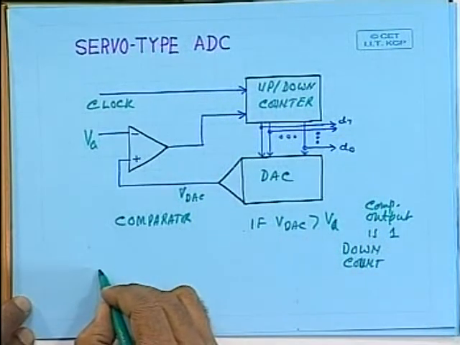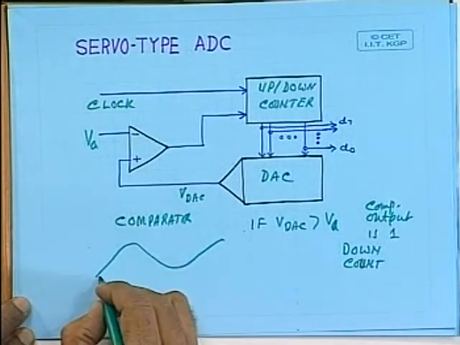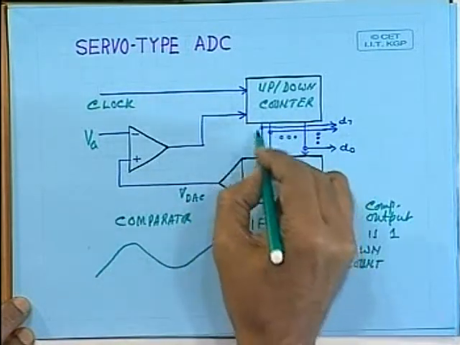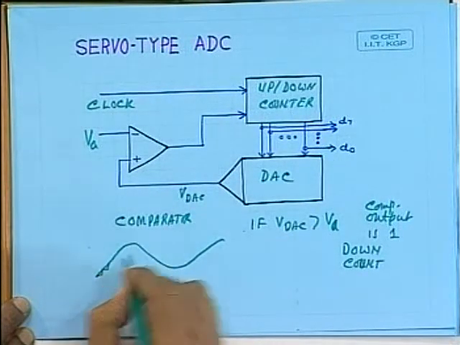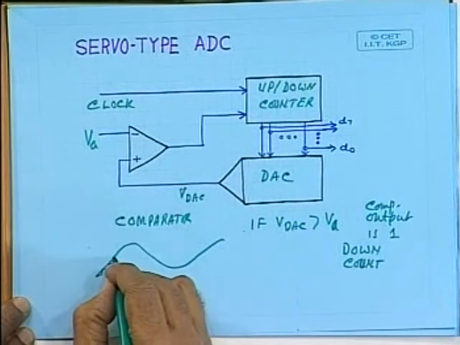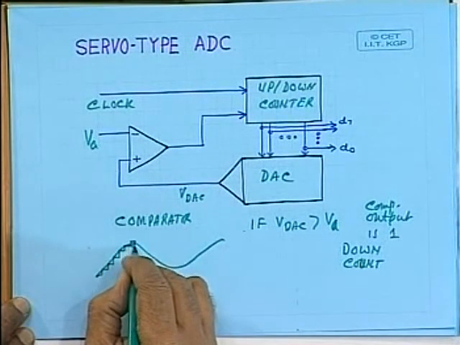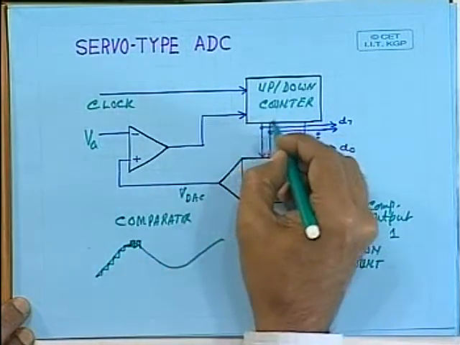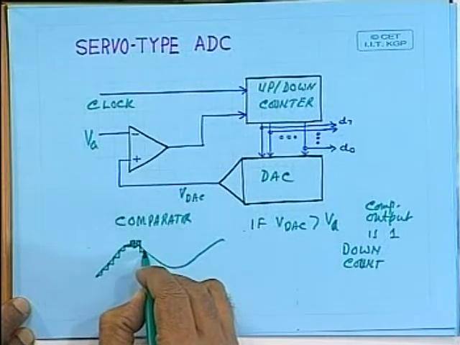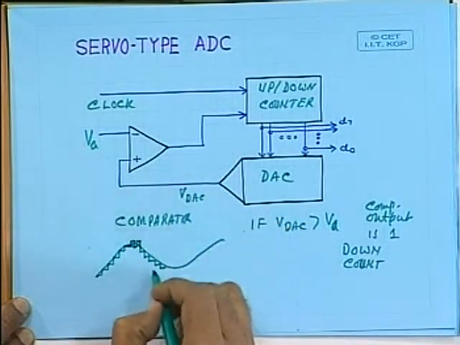Let's assume the input voltage is changing slowly like this. In that case, this up-down counter will up count here, so the output of the DA converter will keep on increasing, and here it will go up and down, and then it will down count, and accordingly the output of the DA converter will change this way.